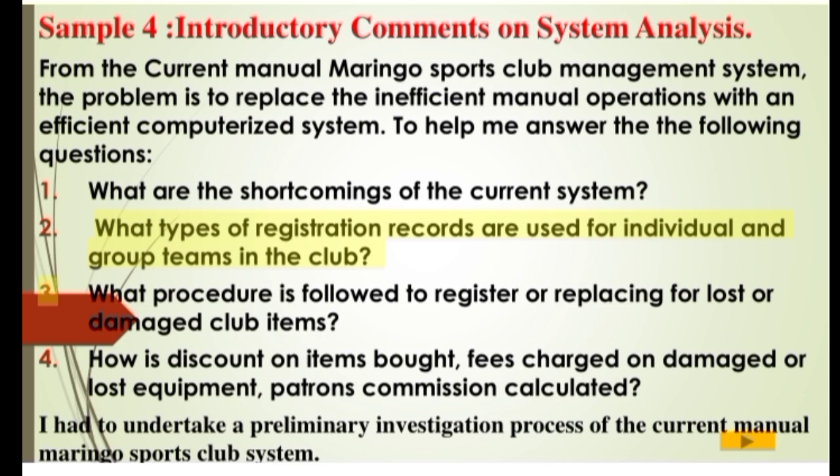What types of registration records are used for individual and group teams in the club? 3. What procedure is followed to register or replace lost or damaged club items? 4. How are discounts on items bought, fees charged on damaged or lost equipment, and patrons' commission calculated? I had to undertake a preliminary investigation process of the current manual Maringo Sports Club system.